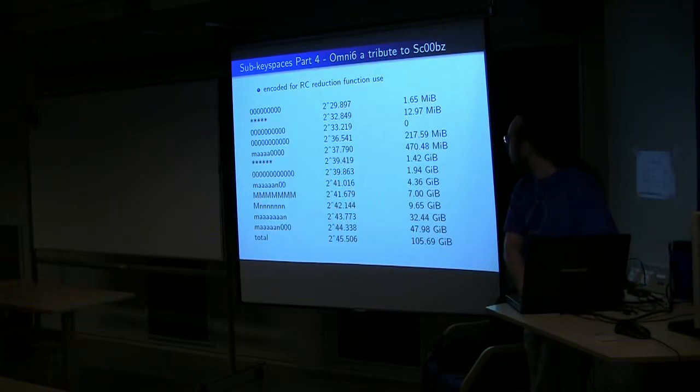I'm showing his format down the left side, and then down the center is the key space for each of those sub-key spaces, and on the right-hand column is the actual size if we generate it as RTI2 using a chain length of only 20,000, which means they'll be quite fast.